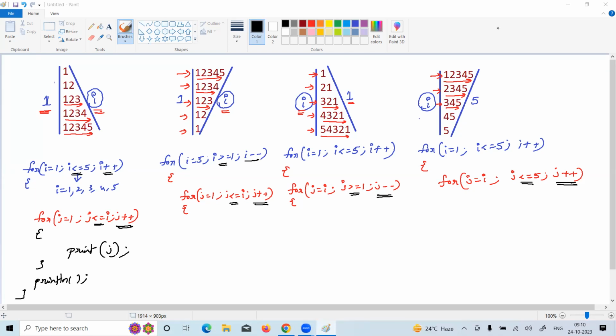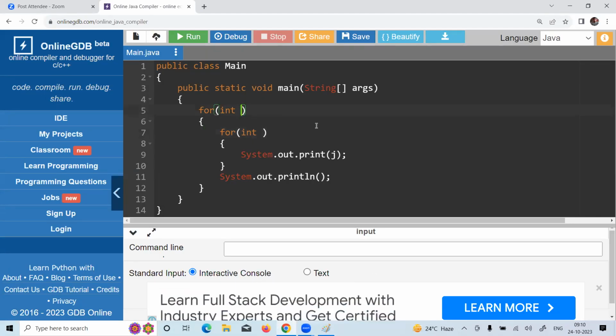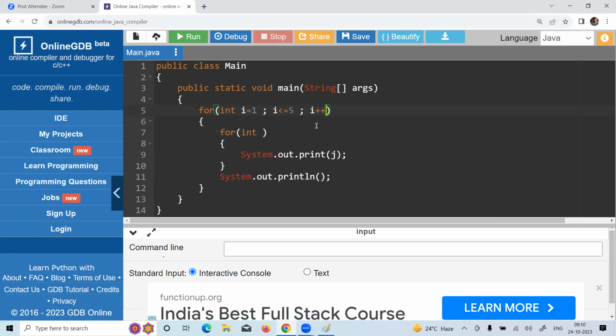So now let me show you how these codes execute practically. I'm using an online compiler. Suppose Java I am taking. The first one: I equals to 1, I less than or equals to 5, I plus plus.